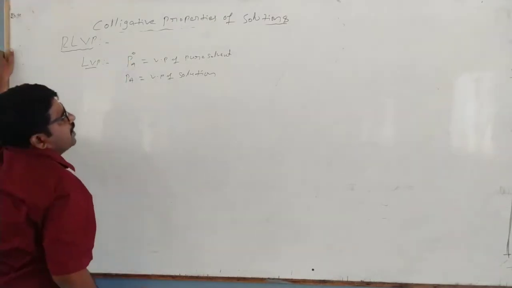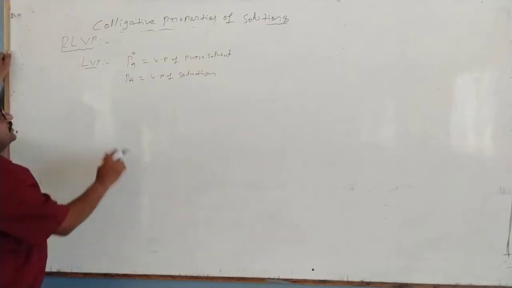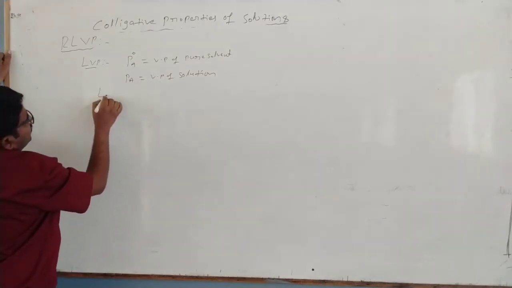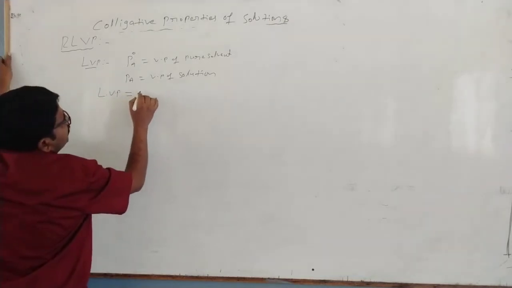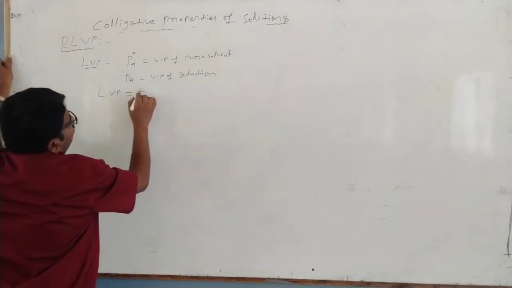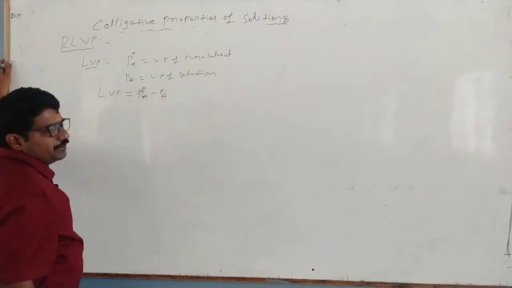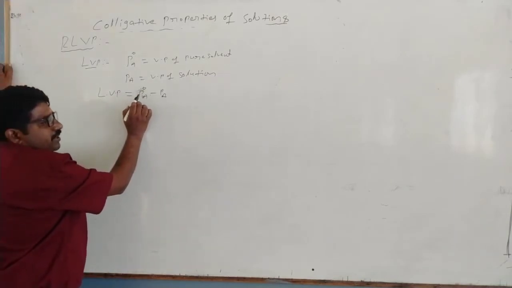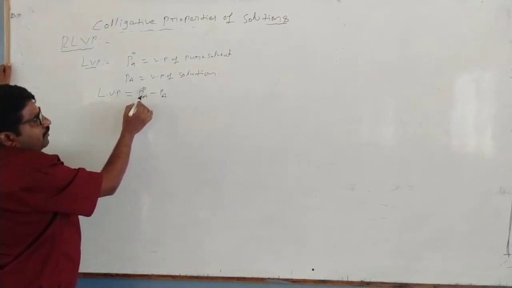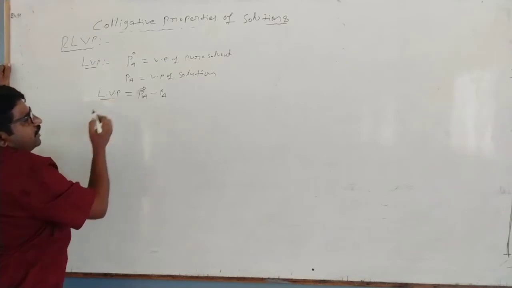The difference between the vapor pressure of the pure solvent and the vapor pressure of the solution is called lowering of vapor pressure, LVP. We can write it as P naught A minus PA.